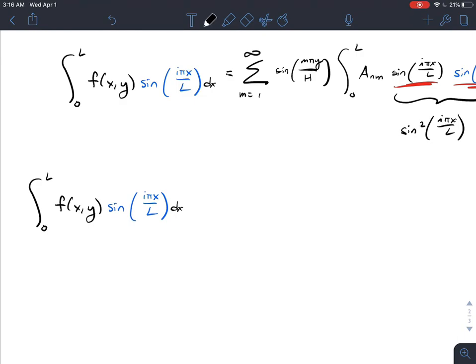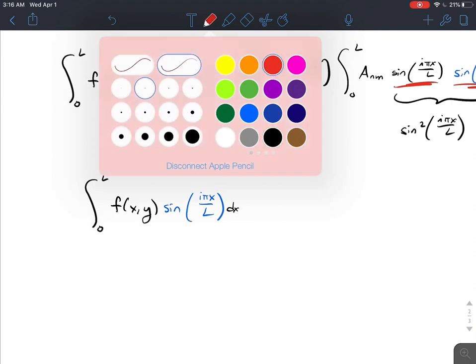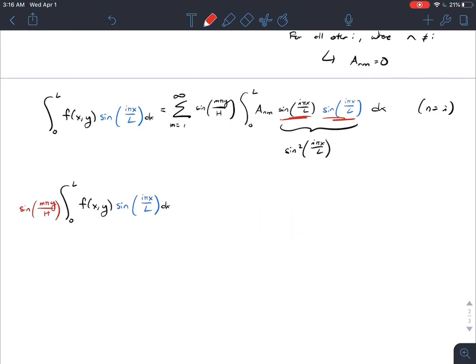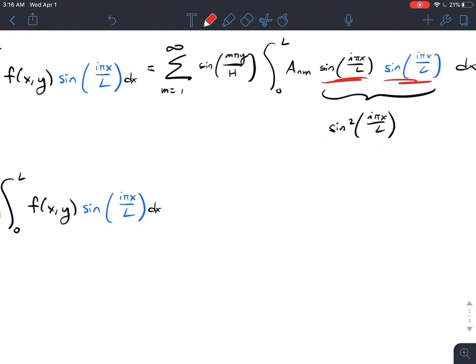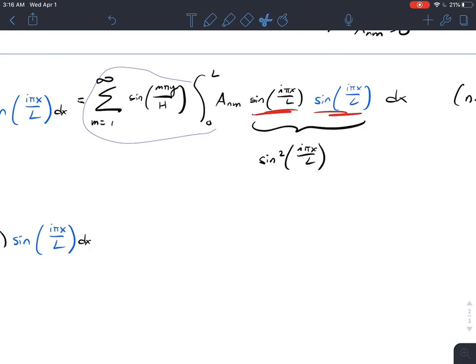So let's multiply it on the left-hand side. Shouldn't really matter. Sine m pi y over h. Equate everything.